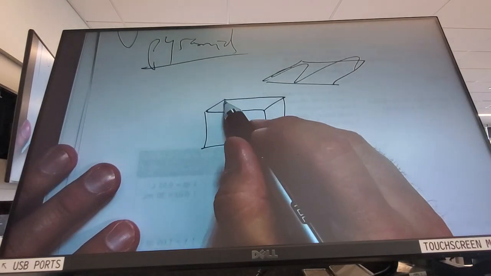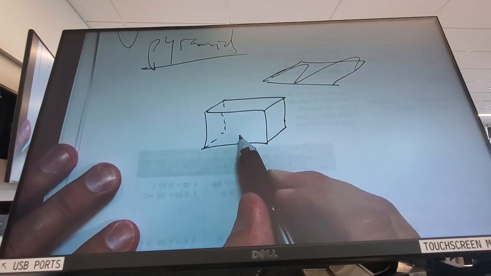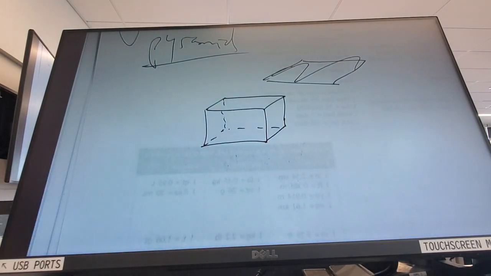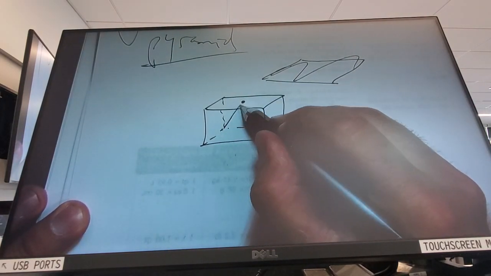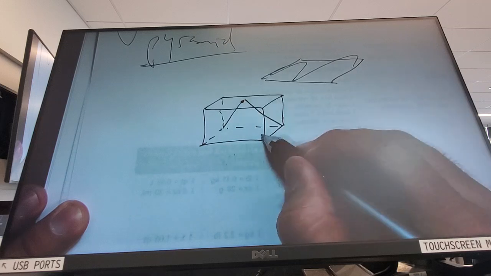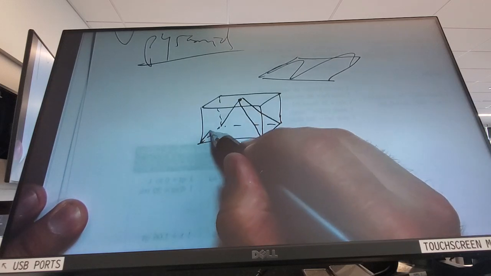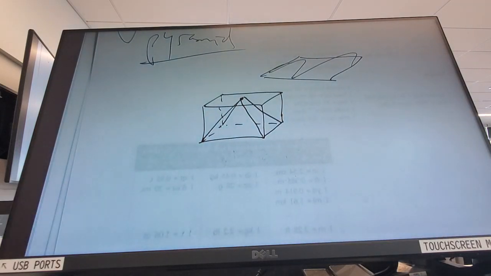We've done this before. And then you make the little dotted lines as if you could see through it. To make a pyramid, I would pick a point up here. If I want to make it a right regular pyramid, I could pick a point in the middle, and that will connect it all together. So that's kind of nifty. A nice little pyramid. That's awesome.